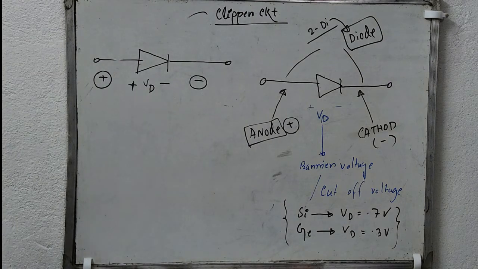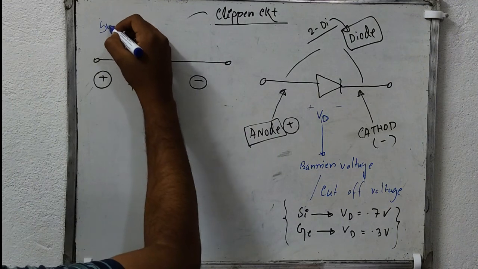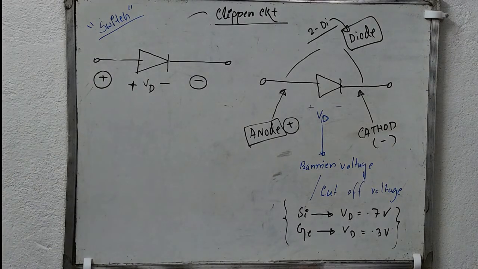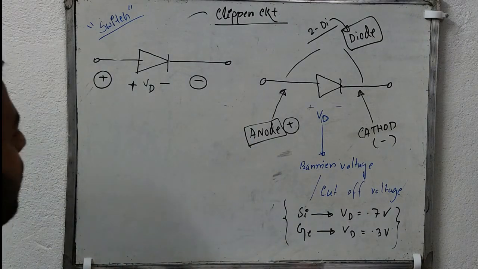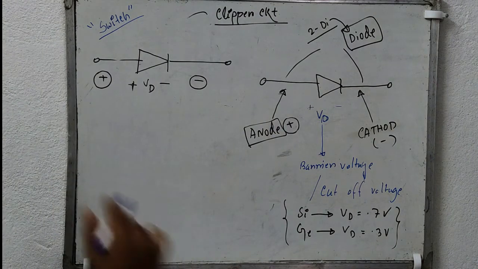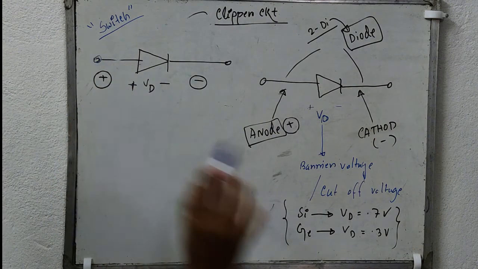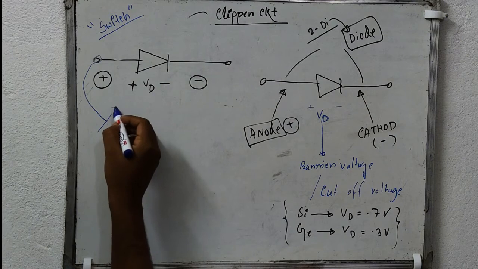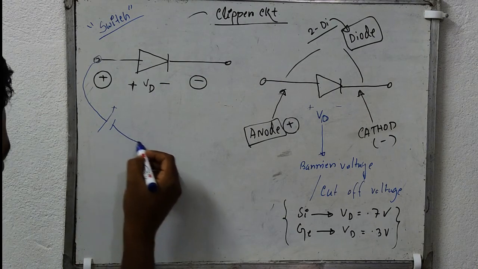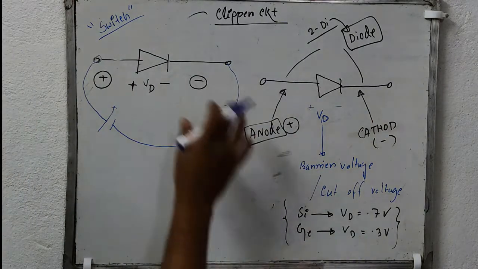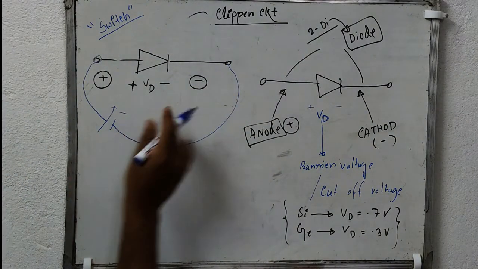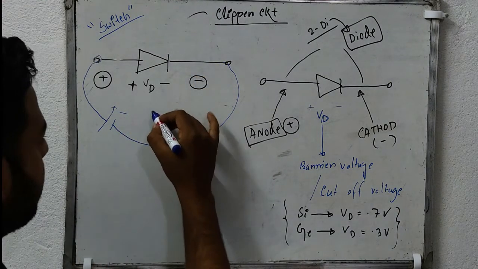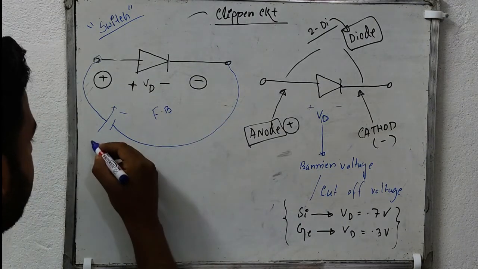Now this diode simply acts as a switch. How? If we connect this diode in forward bias, what does it mean? It means that we connect the anode terminal, the positive terminal, to the plus of the battery, and the negative terminal of the battery to the cathode terminal of the diode.